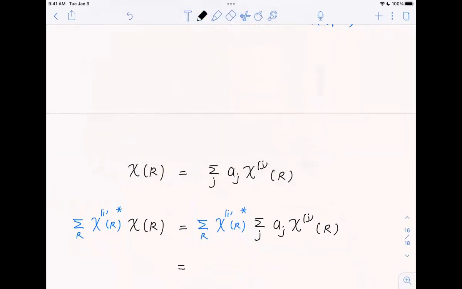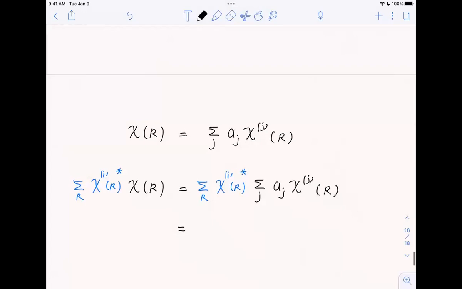You're going to have R, j, and then you have a_j. You put the j here, and the i is here.